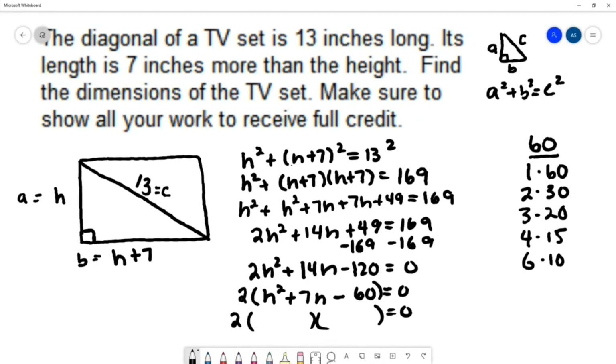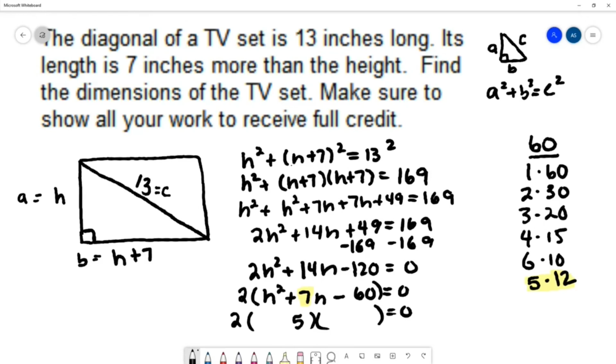And that might be all of them. Oh, I skipped 5. 5 times 12. Okay, so that's the one that I'm going to use because I notice that if I subtract these two numbers, I get the same middle number on my trinomial.